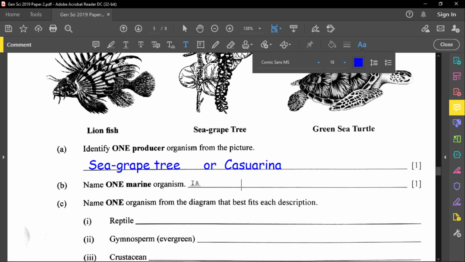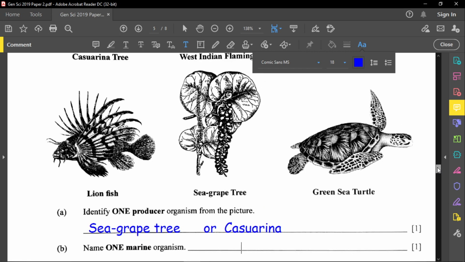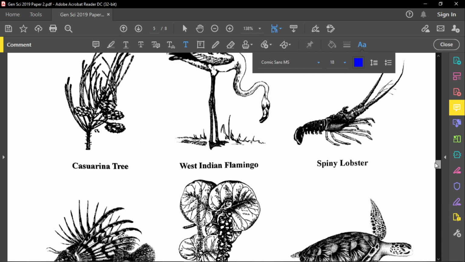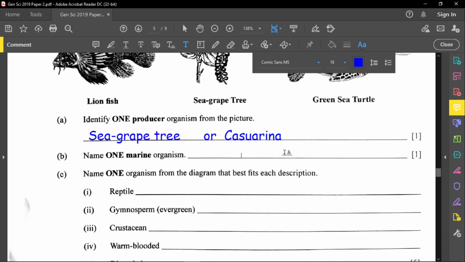Now for part B, it says name one marine organism, and a marine organism is any organism that you find in the ocean or in water. So the lionfish could be one, the green turtle, and the spiny lobster. Those are three marine organisms. So we could put here the lionfish.